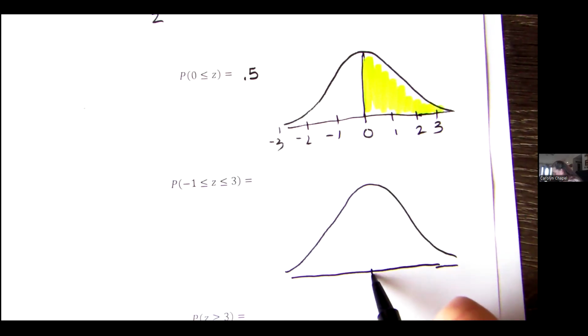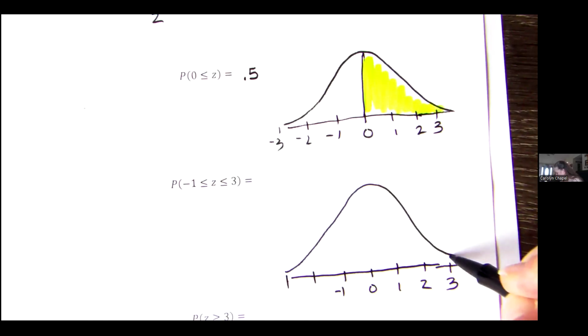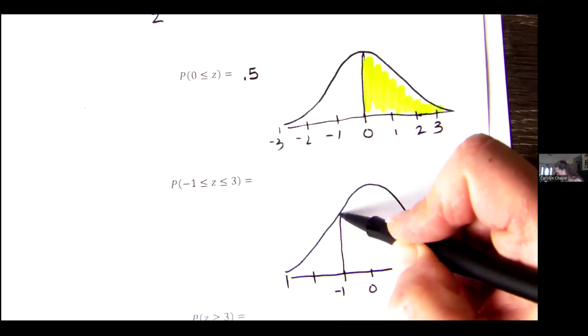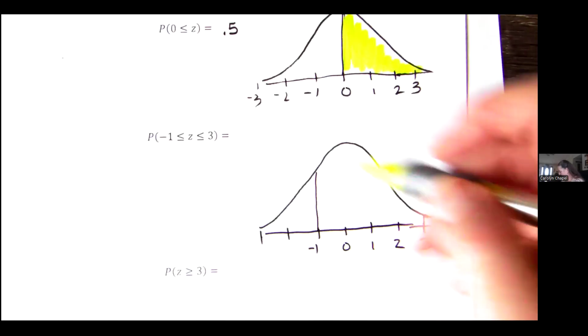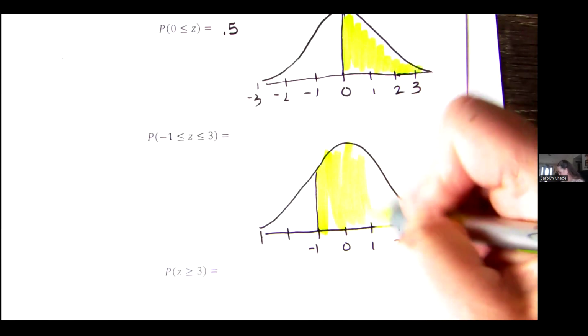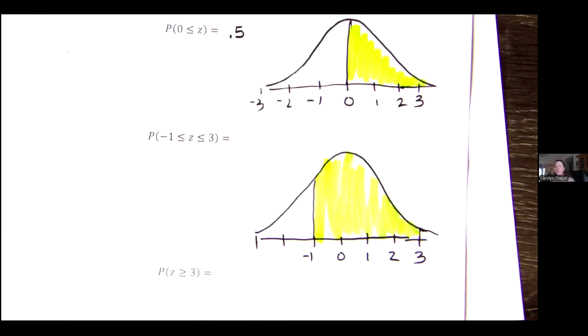So we're going to this time go from a -1. And there are a couple of ways to do this one. So we're going to go from -1 up to 3. That's what my probability statement says there. Okay. And the way I'm going to do this is I'm going to divide it into a couple of pieces.